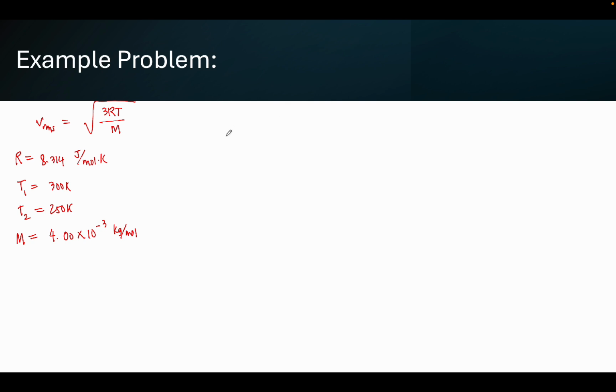Now, let's start at the lower level, at the ground level, wherein T1 is equal to 300 kelvins.